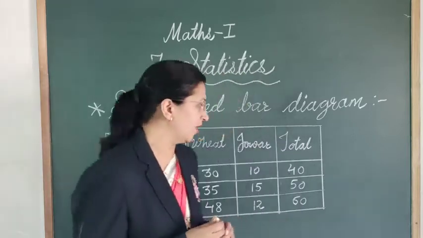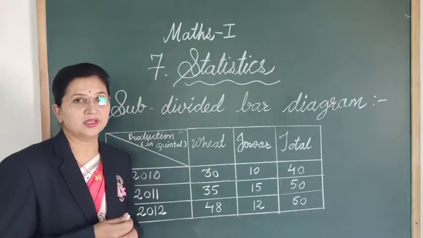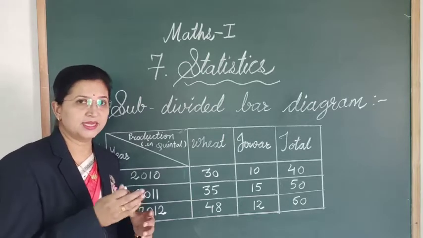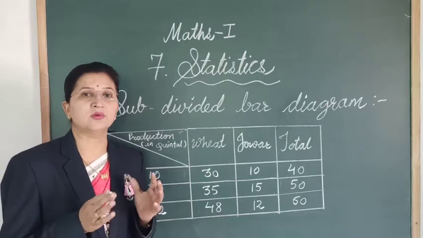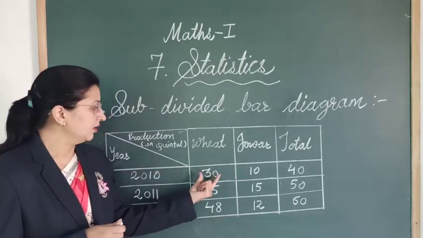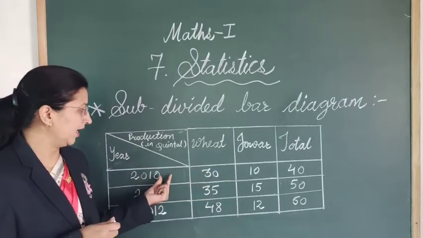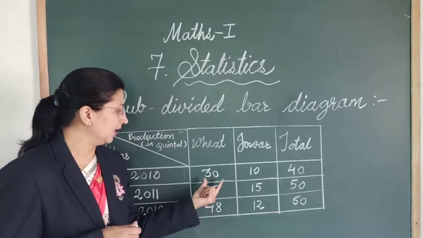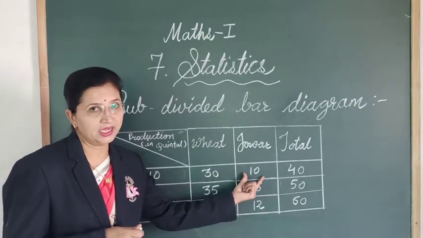For example, let's revise the example of the joint bar graph and take the same example. There was a comparison between two entities, wheat and jowar. In the year 2010, the production of wheat was 30 quintal and jowar was 10 quintal.